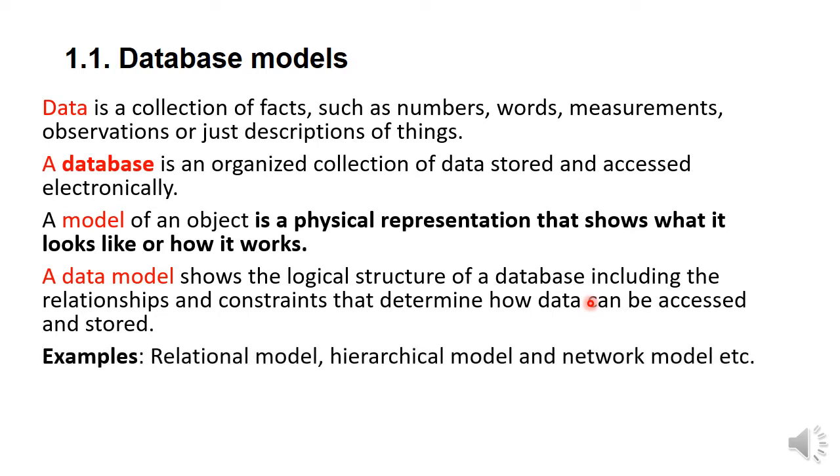We have some examples of database models like relational database model, hierarchical database model, network database model, object-oriented database model, and so on. We are going to discuss each database model later.